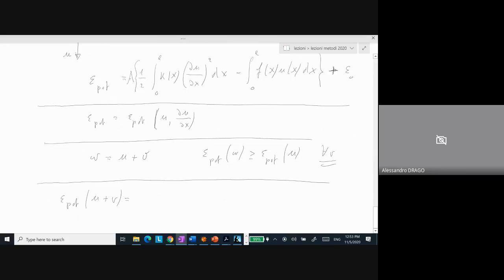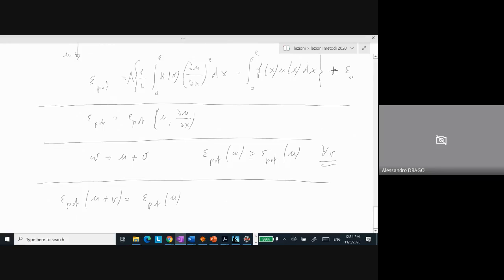If you think a moment, it is clear that of these 5 terms, two of the five terms still contain u, because if I substitute here, I get something that will contain again the du over dx squared, and here I will get a term which is just u. So 2 of those terms are nothing else but epsilon potential of u.